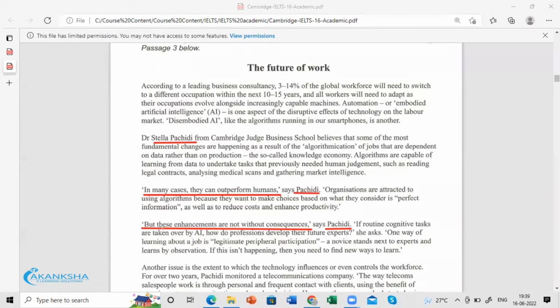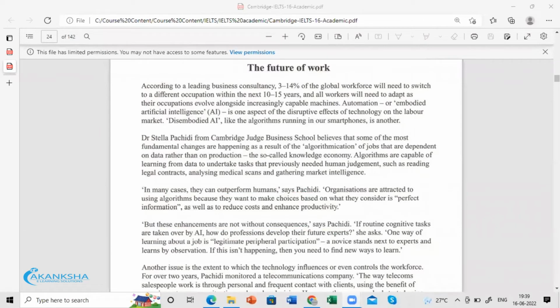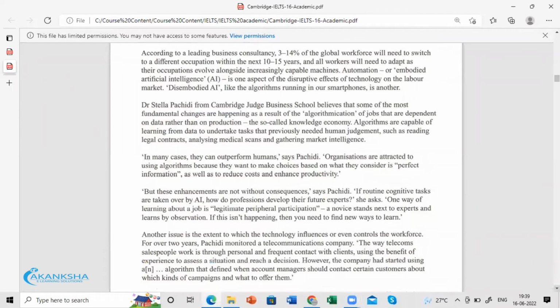And further, he says in the second statement, these enhancements are not without consequences. So he says that it can improve work and it can outperform humans, but there are some negative aspects to that. That's exactly what he's trying to say.